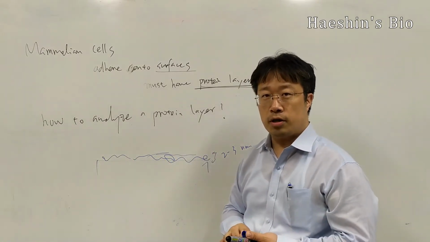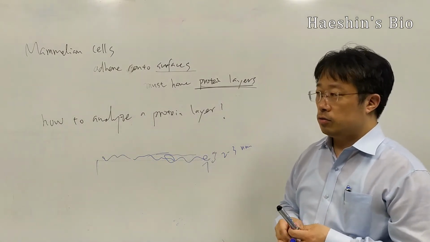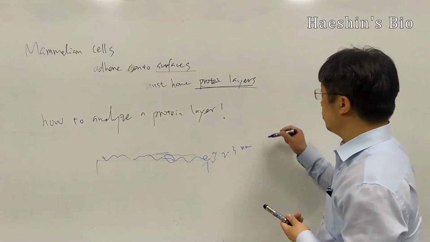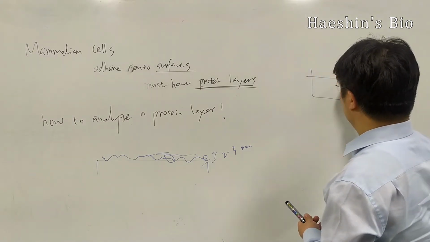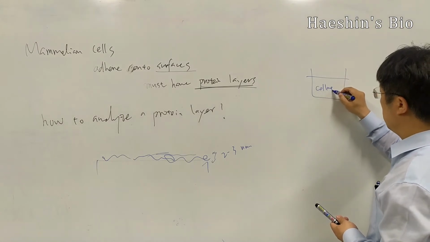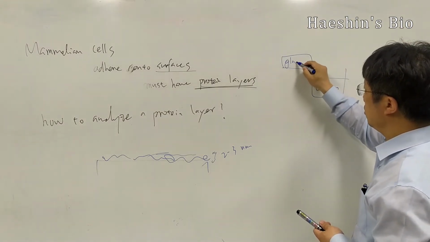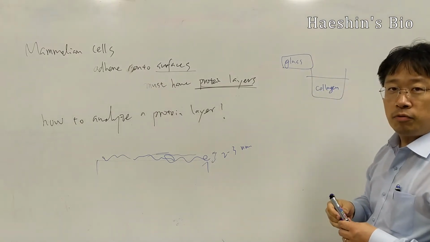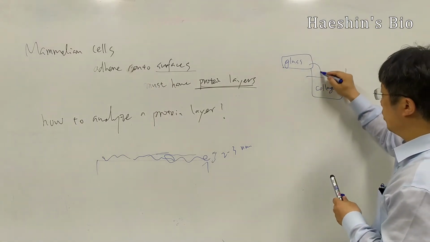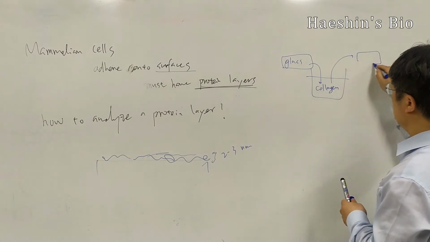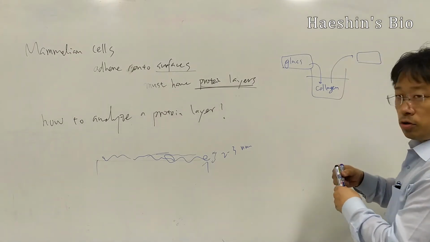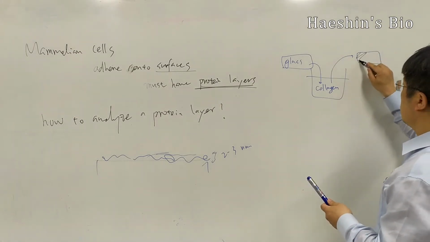So generally speaking, it's very difficult to distinguish. Say this is a collagen solution, and you've got a piece of glass for mammalian cell culture, and you dip it in and take it out. This is now coated glass.